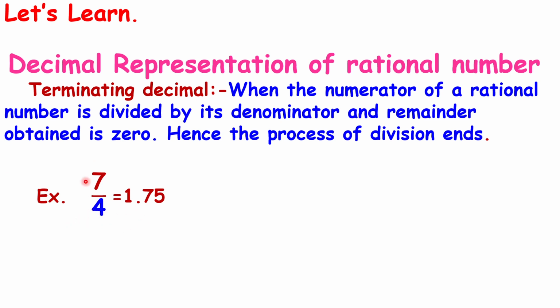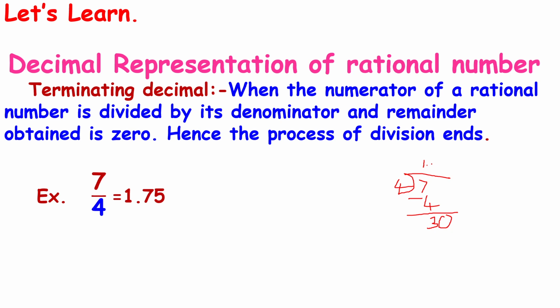For example, 7/4. Here we divide 7 by 4. We write 7 divided by 4, then 4 ones are 4, 7 minus 4 is 3. Then we take a point here and a 0, so 30.